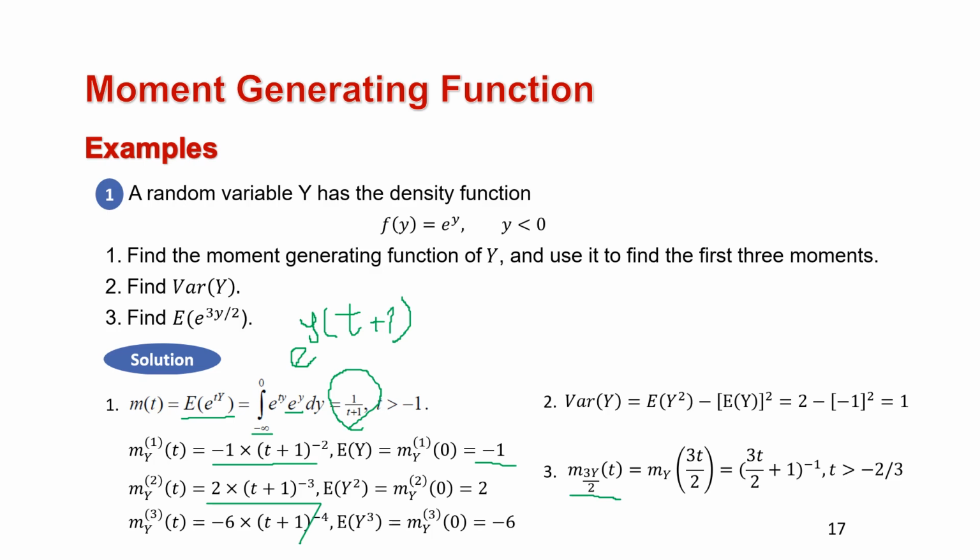Okay, how can we find the moment generating function? Here, the expected value of e to the power 3y over 2, which is the same as the moment generating function of 3y over 2.